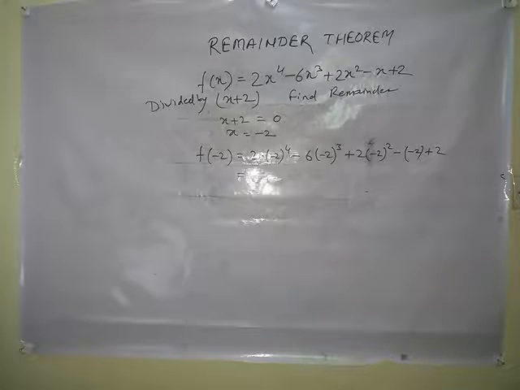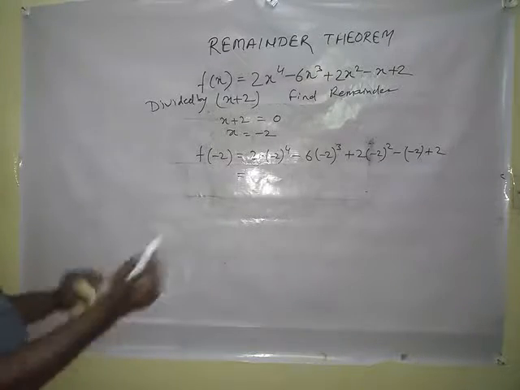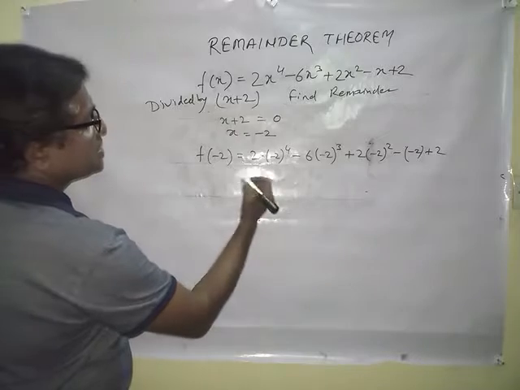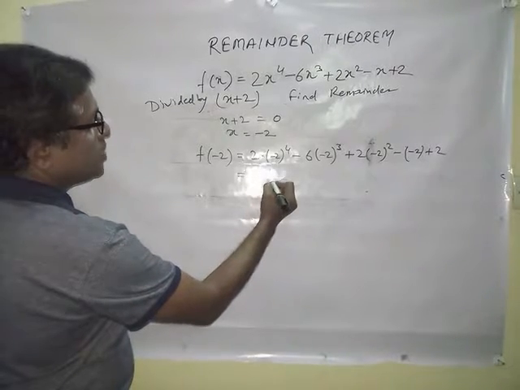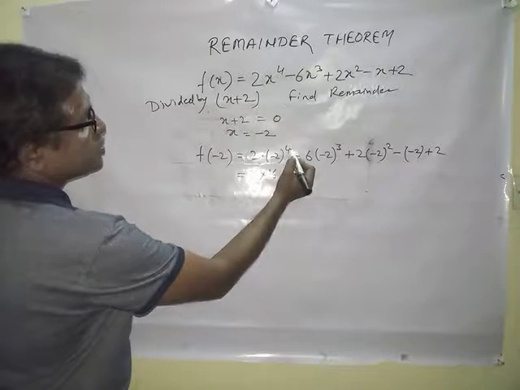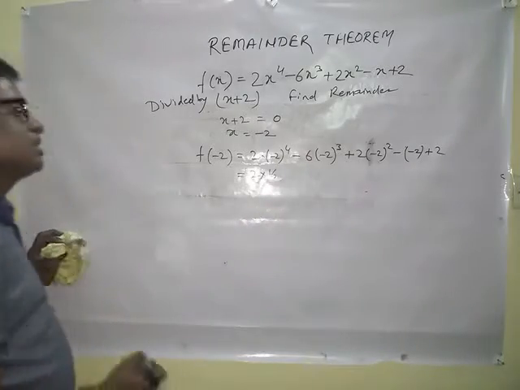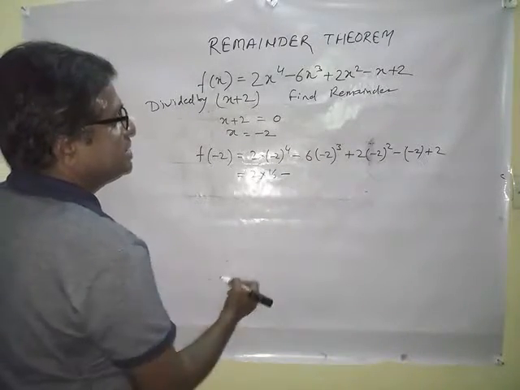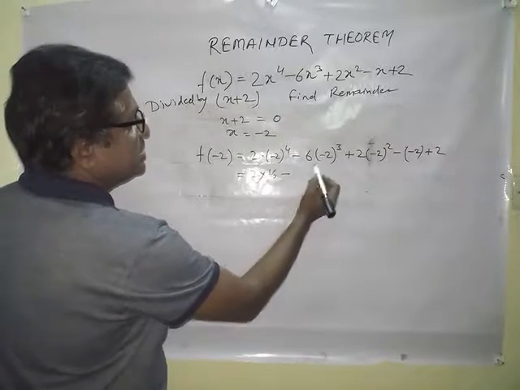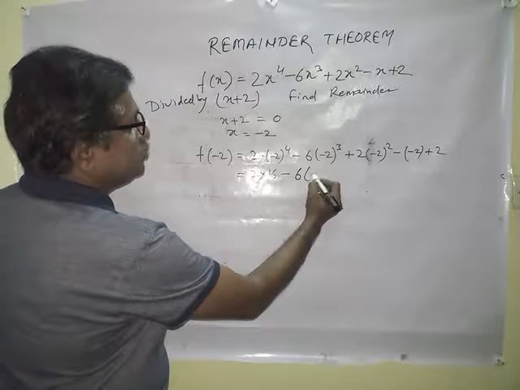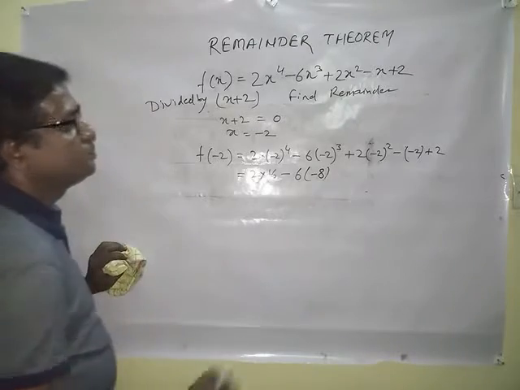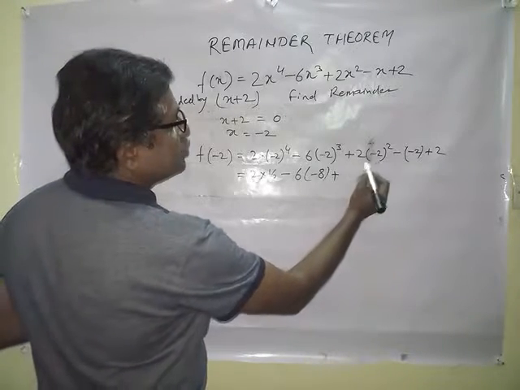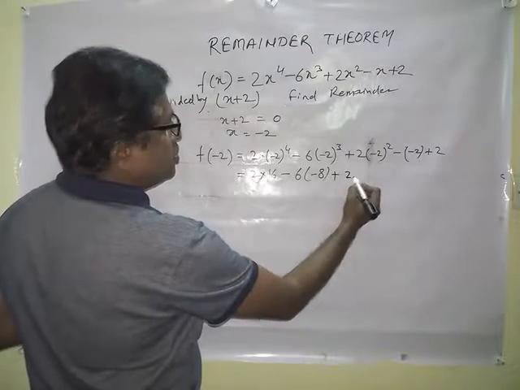(−2)⁴ will become 16, so 2 multiplied by 16, because the exponent is an even number. Here (−2)³ will become −8, so −6 into −8, plus 2 into 4.